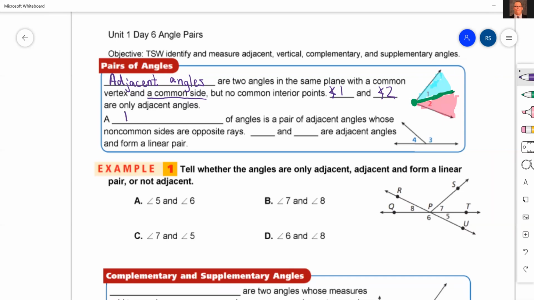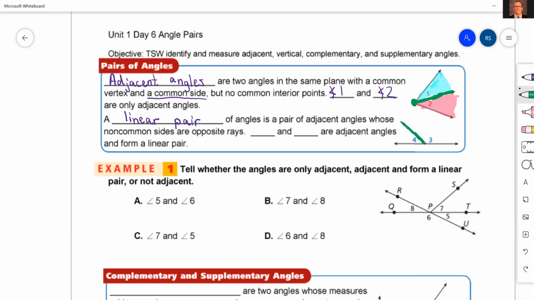A linear pair of angles is a pair of adjacent angles whose non-common sides are opposite rays. So if we look at this picture, what do you notice? They do share this side right here, but then what do their sides that they don't share do?